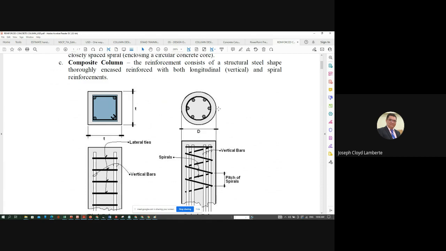So kung circular, diameter of the core is minus lang sa covering, twice the covering. For square, of course, minus lang gihapon sa duha ka covering. So ang na-confine sa imong lateral ties or spiral is the concrete core.